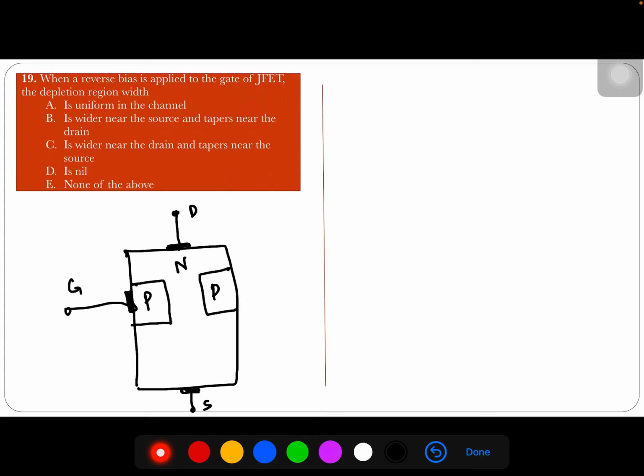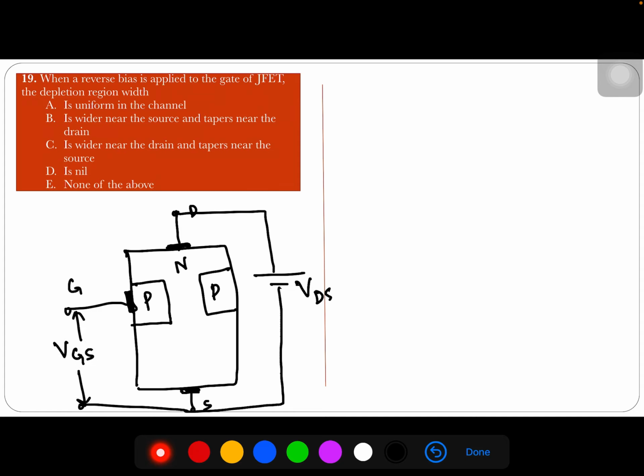In a JFET we always reverse bias the gate-source junction, and because it is N channel, VDS, the voltage between drain and source, will always be connected positive, and VGS will always be reverse biased. The battery will be placed so that it is reverse biased.